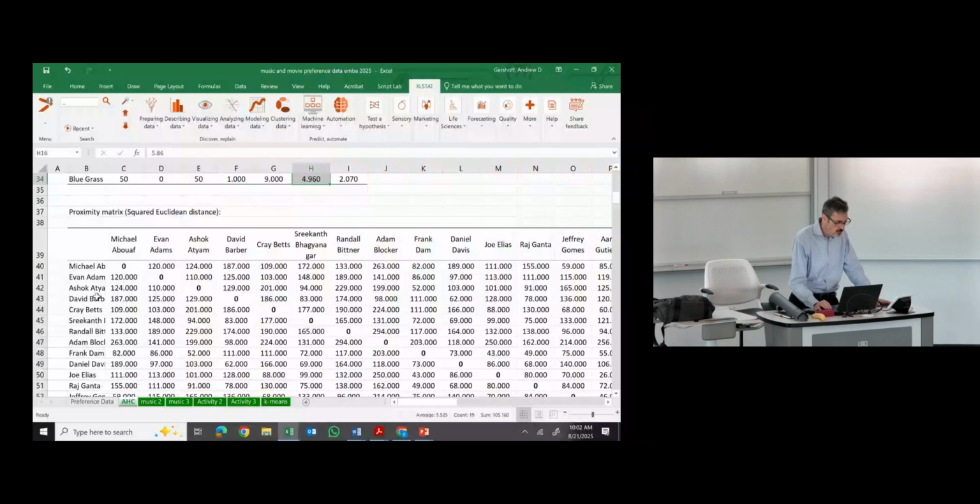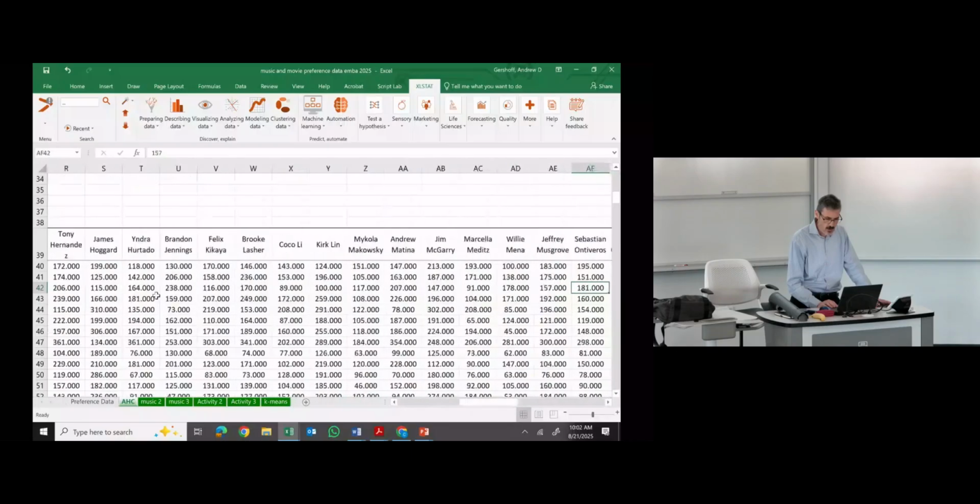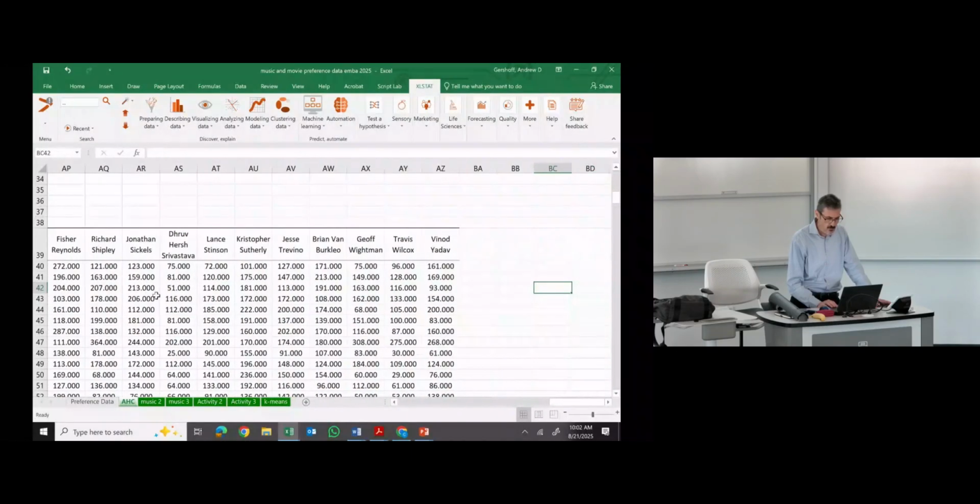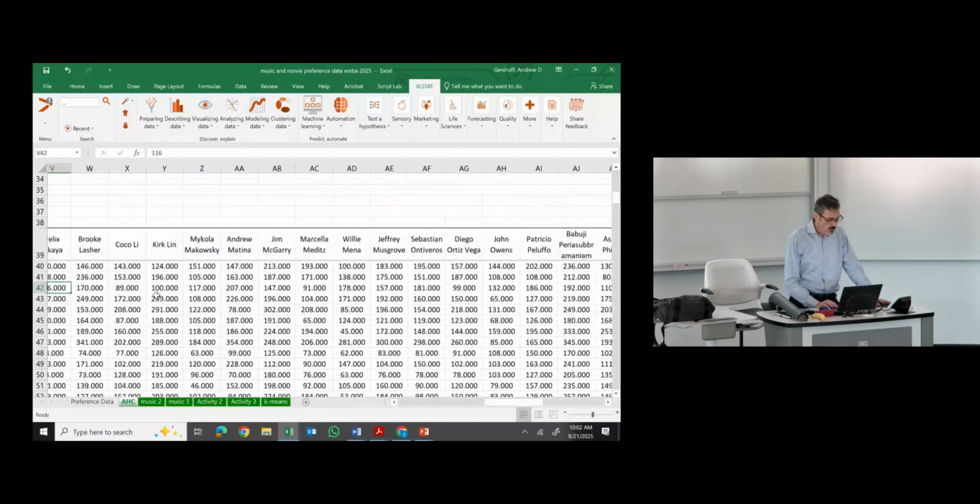Ashok. And who was he different with? Vinod. Thank you, Vinod was all the way over here. Here's Vinod at 93, and that's exactly what we calculated, right? So there it is, it's done it, but look, it did it for everybody. That would have taken us a long time to do for everybody. So it's calculated all this out.